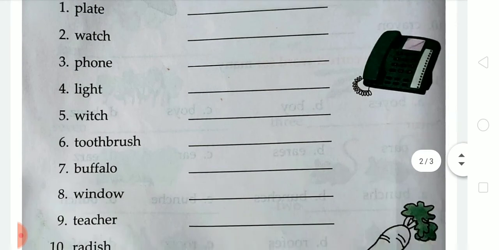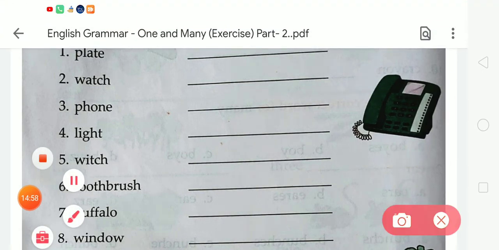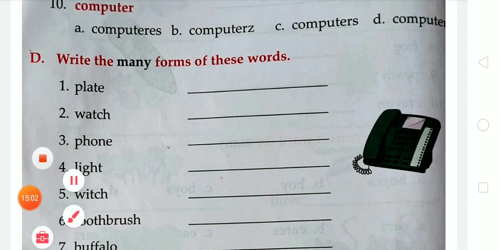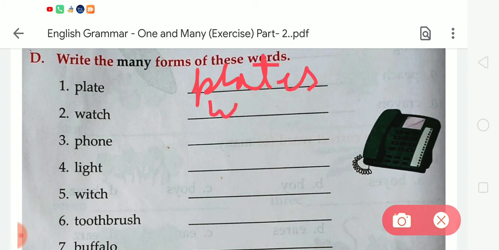One more time we are going to check. So in number 1 there is the word plate, so we have to add s, so it will be plates. In number second we have to add es, watches.